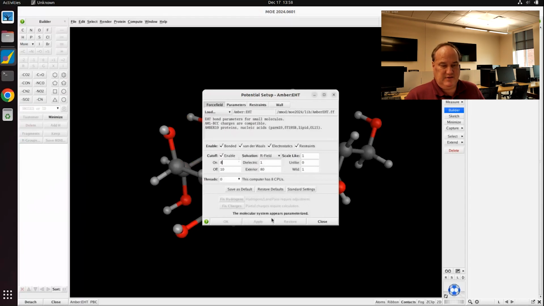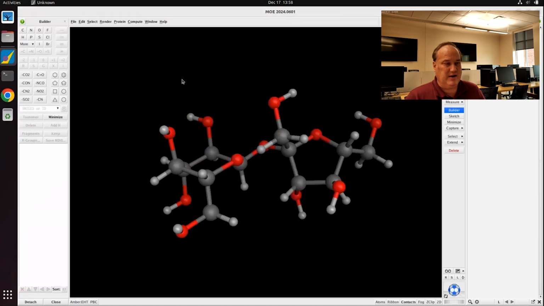And we always want to see this molecular system appears parameterized. If we don't see that, MOE is going to guess at the correct parameterization. And you know, MOE does things really good. It's great, but it's not an AI engine, and it's not intelligent or artificially intelligent. So we don't want MOE to guess.